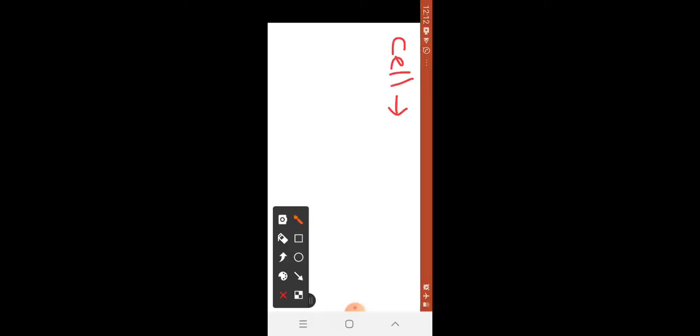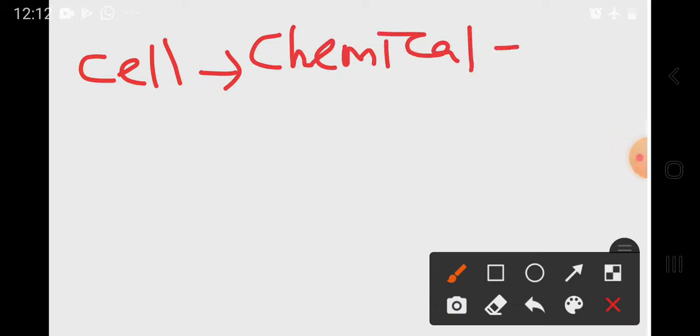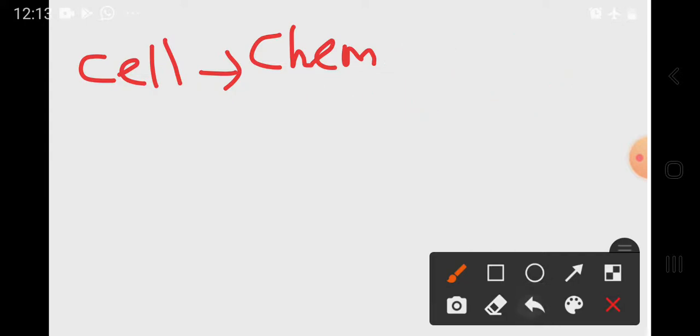Cell, in which chemical energy is converted to electrical energy. So here chemical energy is converted to electrical energy.